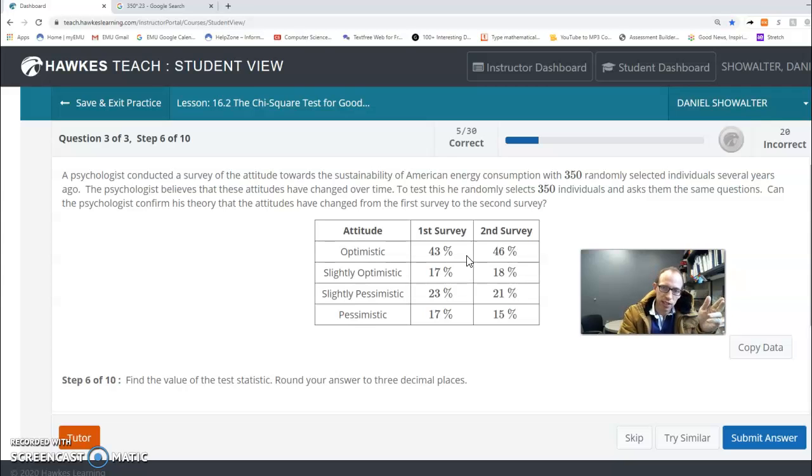If you round that to the nearest integer for each of these 8 categories, then your chi-squared statistic will probably be a little too far off for Hawks to count it correct, so you're kind of pinned in a corner. So what they're encouraging you to do here is actually do the test by hand, which to me means using Excel.